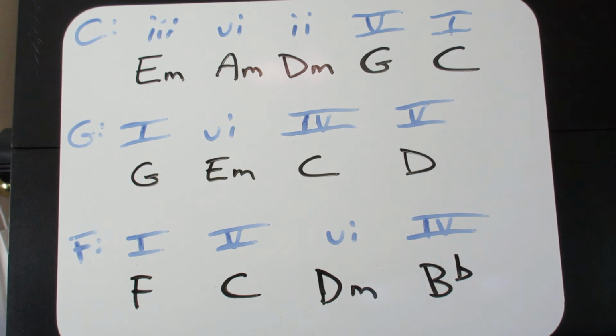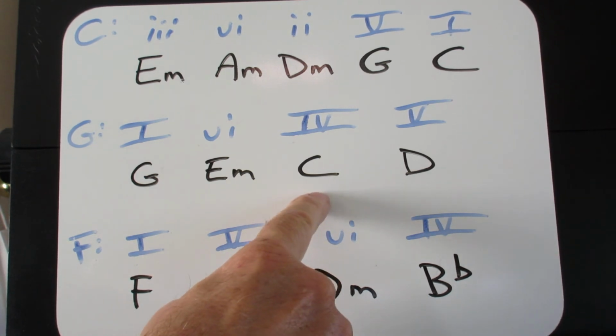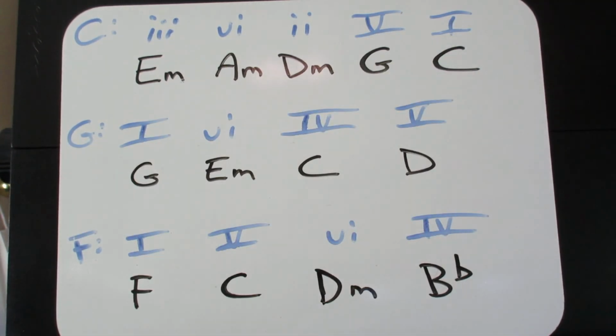Now, one of the things I want to point out here is this. You notice that there's a C chord here, a C chord here, and a C chord here. In each case, it's the same chord, but it has a very different function. Chord progressions create a context, kind of like words and sentences.